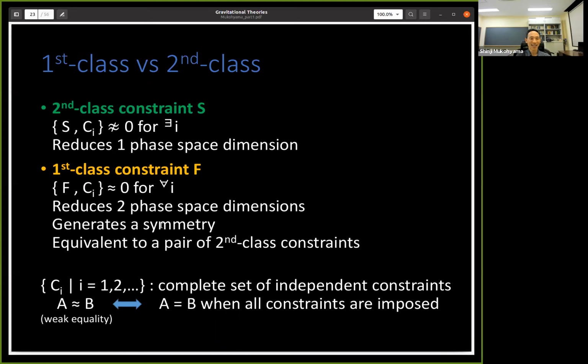Basically, the second class constraints are the pair of constraints that we end up with after introducing gauge fixing. So because the gauge is fixed, we don't have a gauge symmetry. This may be a bit intuitive or pedagogical, but yes.